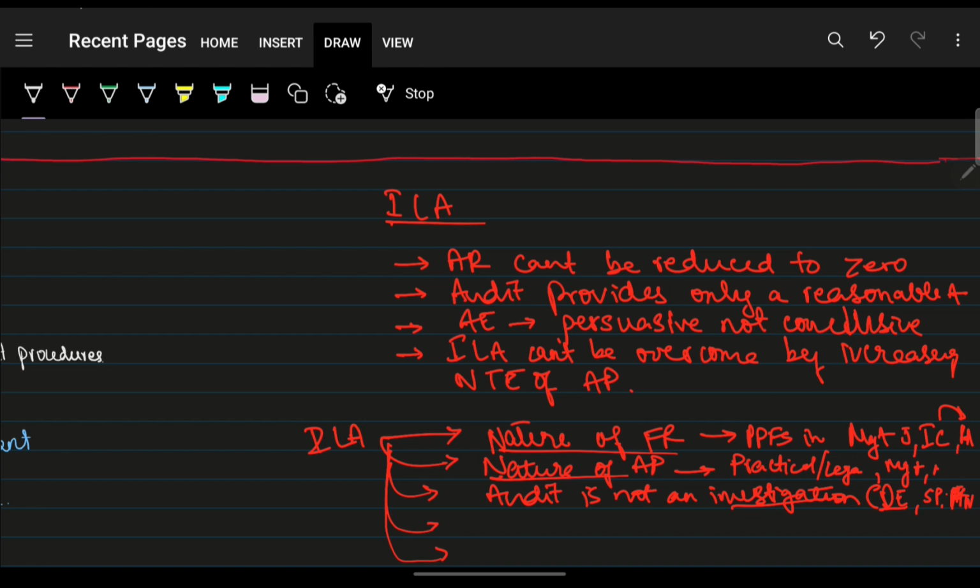And the fourth inherent limitation is timeliness and relevance of information, right?